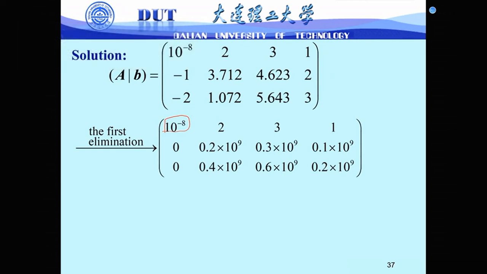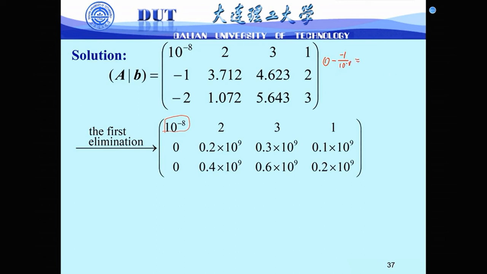So that means we need to multiply the first row. We use the first multiplier I write here. Remember, minus, it is a ratio, right? Minus a ratio. The numerator is this number, so it is minus 1, divided by the pivot as denominator, so it is 10 to minus 8.